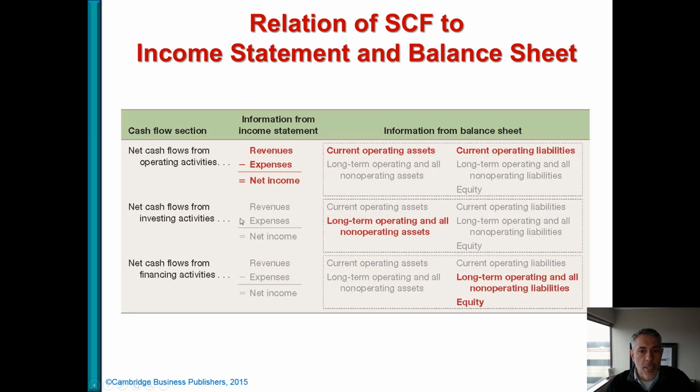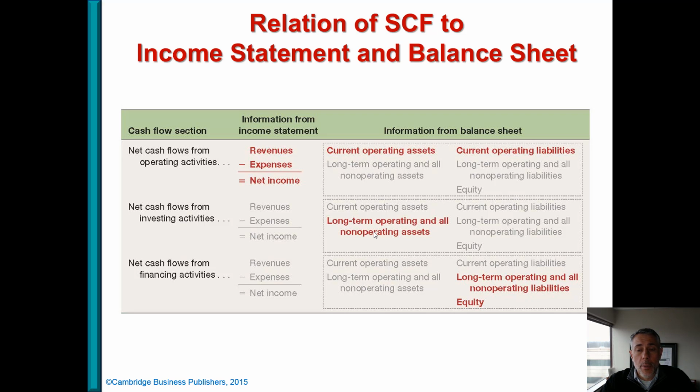In the investing section, we're going to reconcile any changes in long-term operating and all non-operating assets. So we look on the balance sheet, these are balance sheet items. Let me use that example of Berkshire Hathaway buying Burlington Northern again.